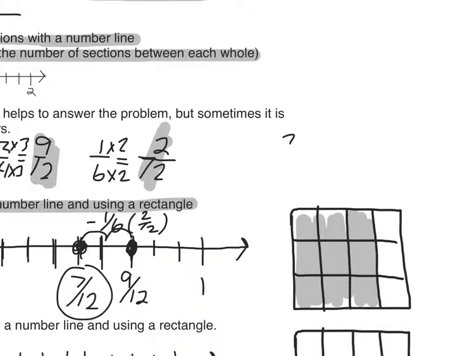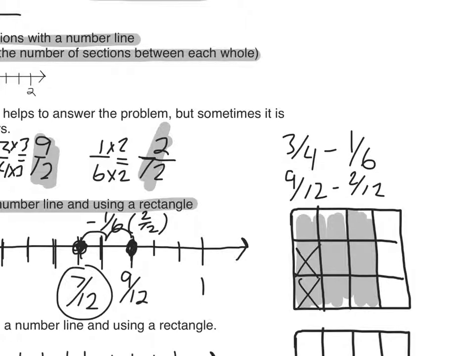Remember, it's 3/4 minus 1/6, which we found out earlier is the same as 9/12 minus 2/12. So we're going to subtract 2/12. The way you can subtract on this model here is just by xing those out. We xed out 2 of the 12ths. And what we're left with is 1, 2, 3, 4, 5, 6, 7. We're left with 7/12. All right.